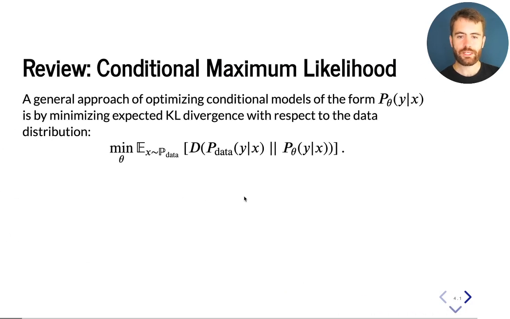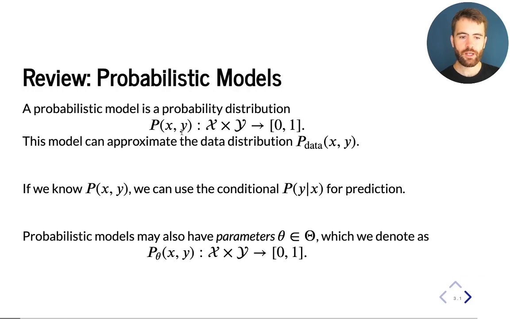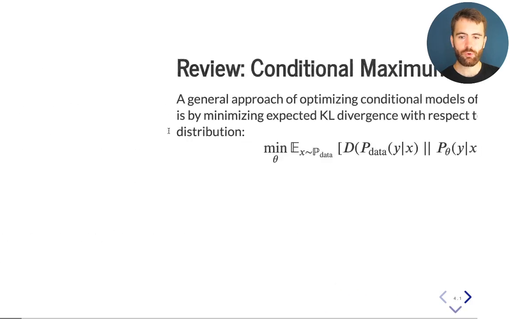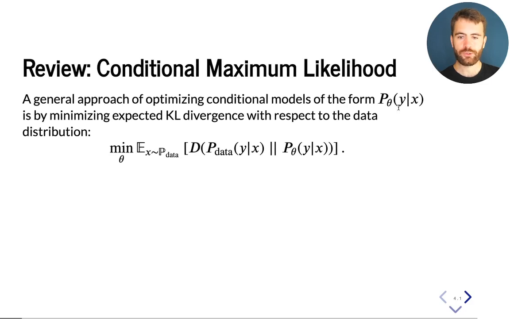Now, we can train probabilistic models using the principle of conditional maximum likelihood. First, we can define a joint model of this form, or we can also define a conditional model of this form. They are closely related to each other via probability transformations.